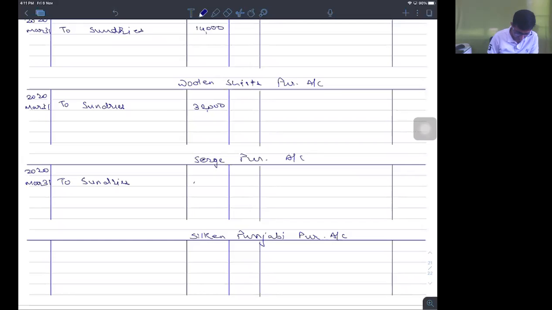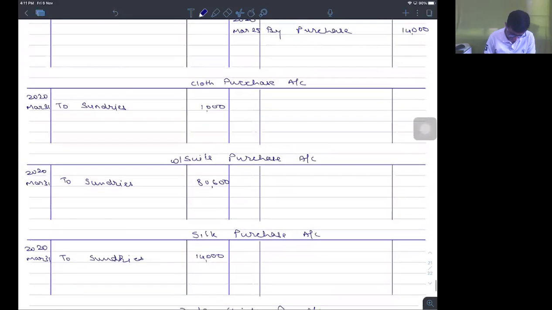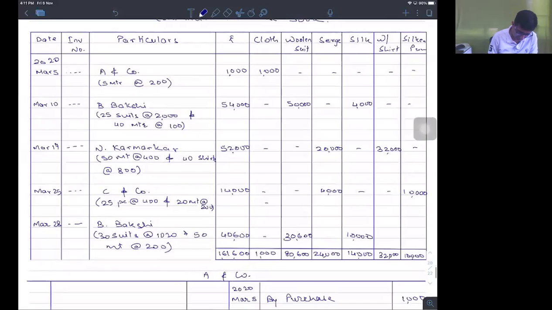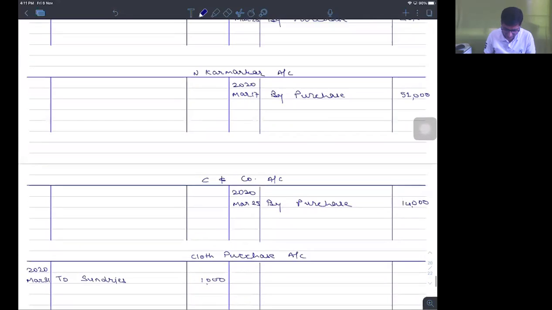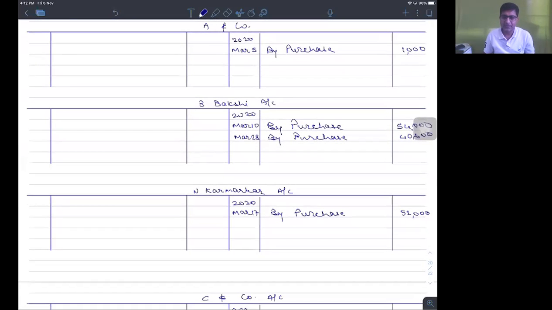How many? 24,000. And then Silk and Punjabi account, debit side, 2020, March 31st, to Sundries. How many Sundries for Silk and Punjabi? It is 10,000. Correct? As I said earlier, we are not yet doing the balancing of these ledger accounts, because we are doing it only for the sake of understanding the concept of subsidiary book related to purchase transactions. Am I clear for all?